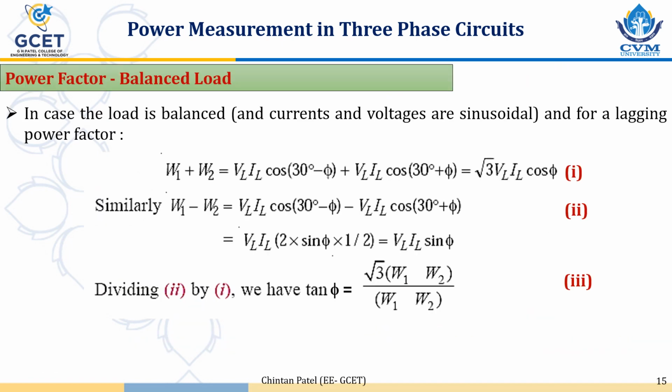Now, not only can we measure the power with the help of the 2 wattmeter method, but we can also calculate the power factor of this load. If it is a balanced load, then the total power is W1 plus W2, which is root 3 VL IL cos phi. This is the summation of the two readings.